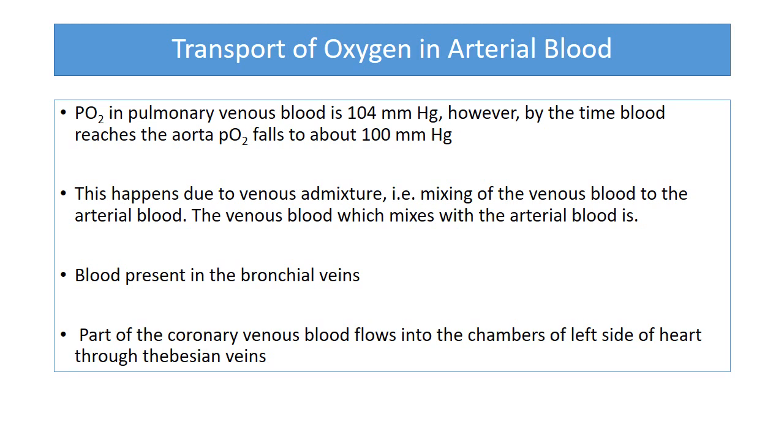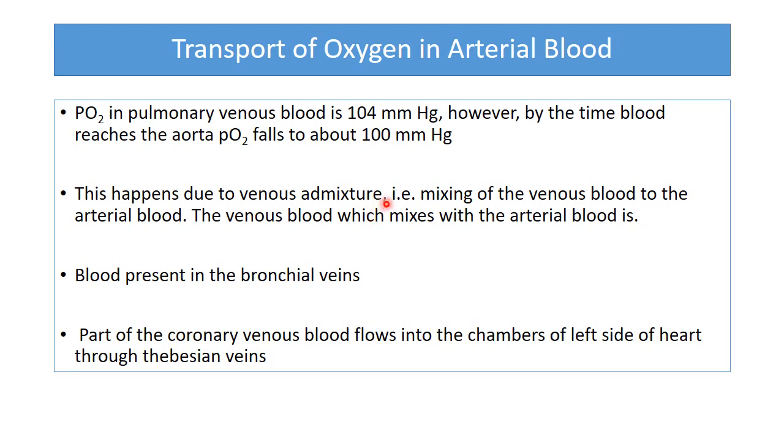Come to the second step of transport, that is the transport of oxygen in the arterial blood. Now you know that the pressure of oxygen in the pulmonary venous blood is 104 mmHg, but by the time the blood reaches the aorta, that pressure falls to 100 mmHg. And this is all due to the venous admixture.